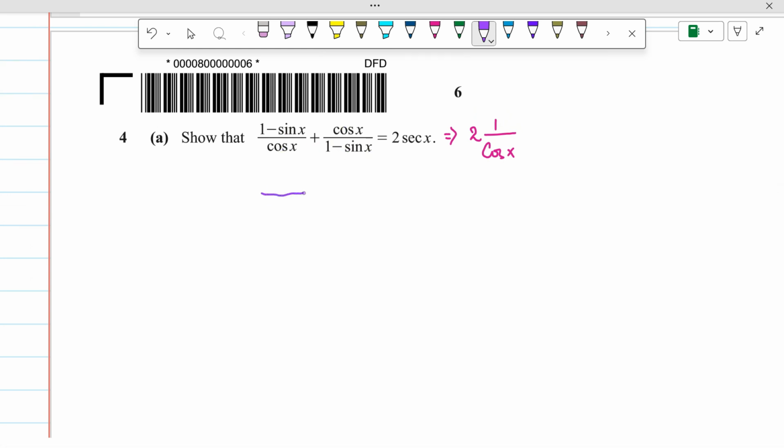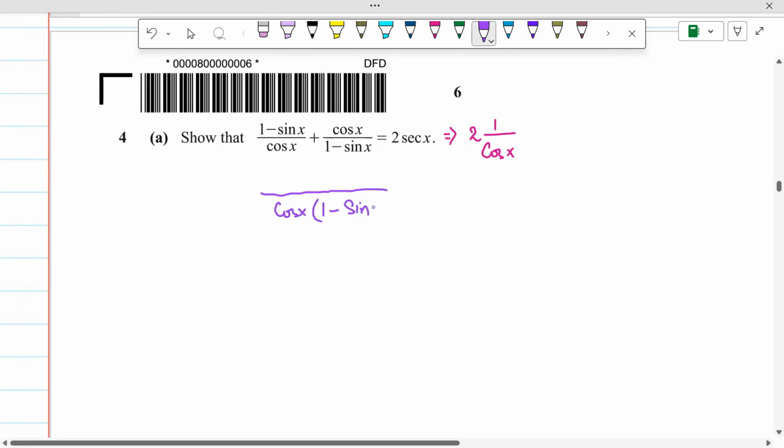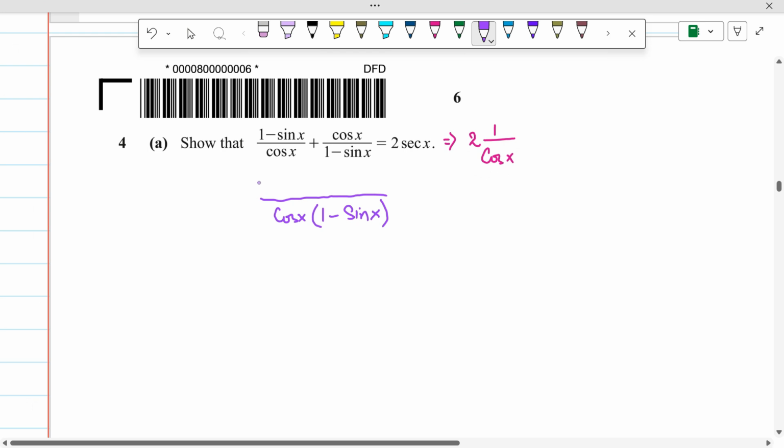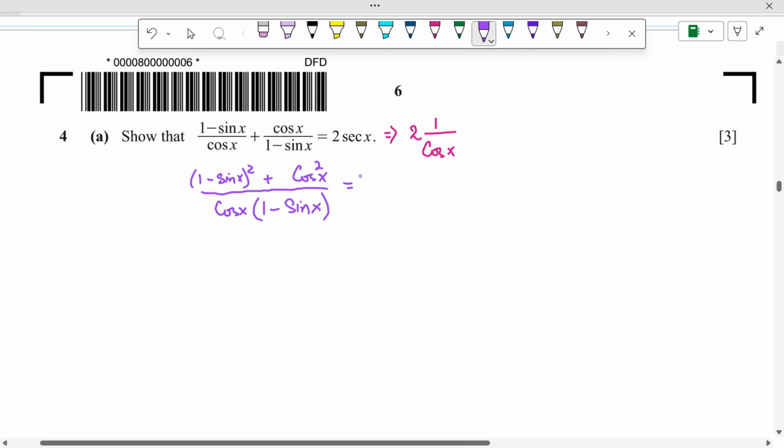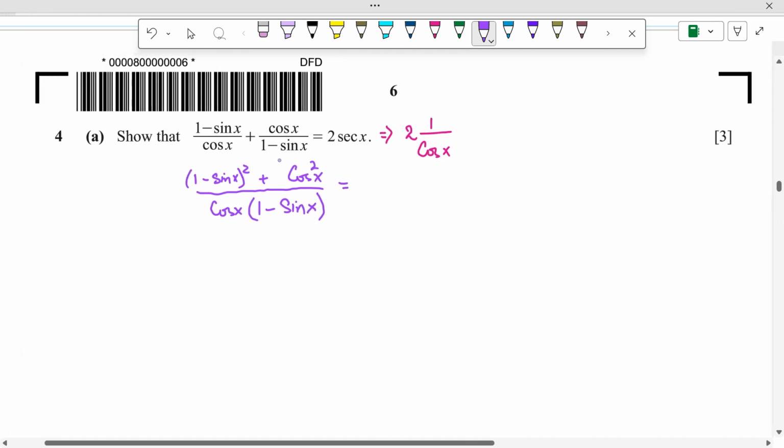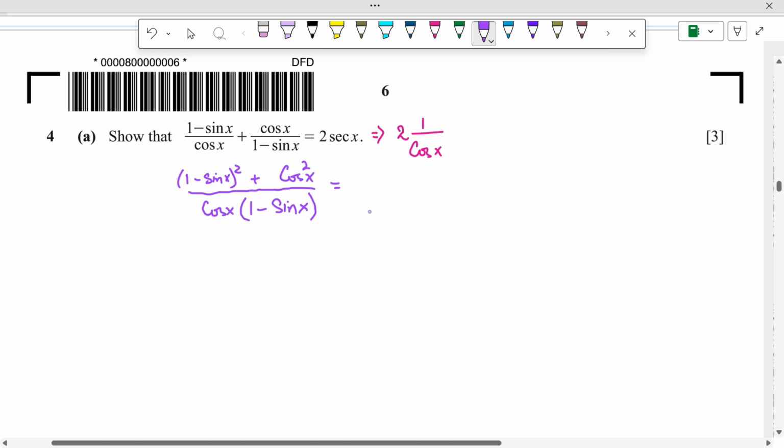So first we take the LCM. This one is cos of x times (1 minus sine of x). So in the numerator we will have (1 minus sine of x) whole square plus cos of x times cos of x, meaning cos square of x. Further solving, (1 minus sine of x) whole square can be solved by applying the formula (a minus b) whole square.